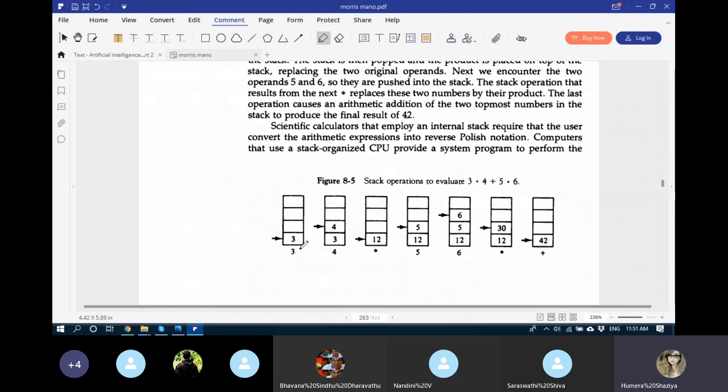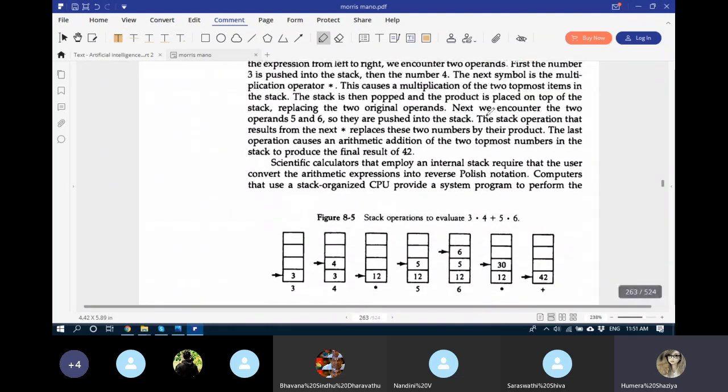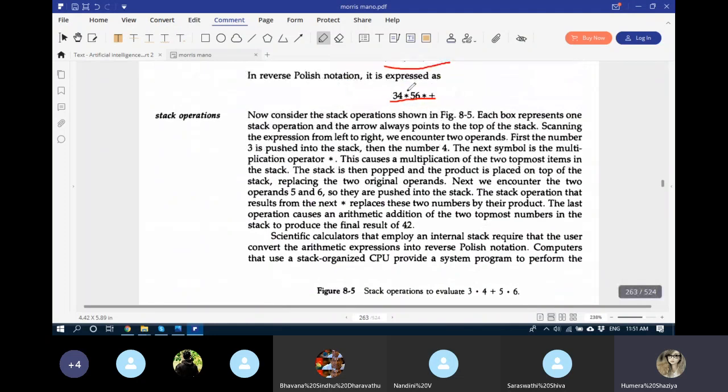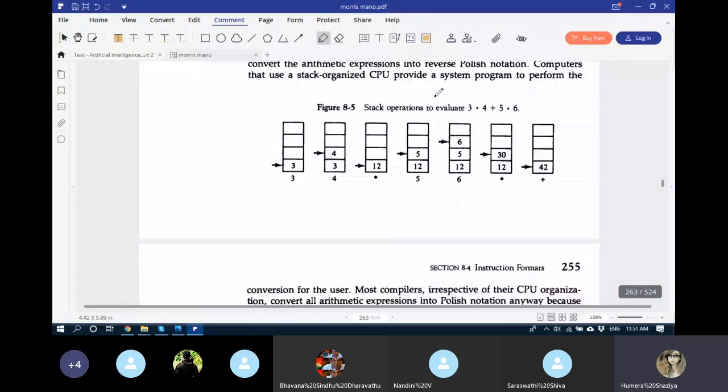Okay, so please remember this reverse Polish notation, because we are using this reverse Polish notation to evaluate the expression using a stack. Look at here, this is first step.